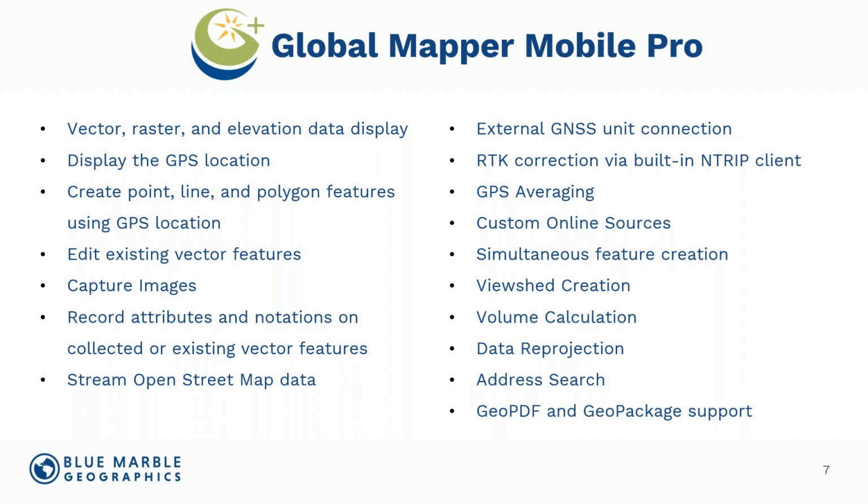We did get a question about updating to the Pro version or updating the app version in general. And just like any other mobile app you'll find on a smartphone or tablet, you should be able to go to the App Store and either tap to download or update the app to make sure you're running the most recent version of the Global Mapper Mobile or Pro app that you have.